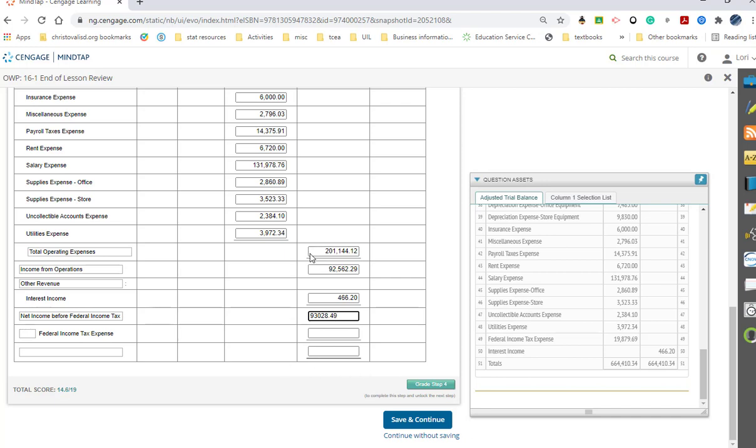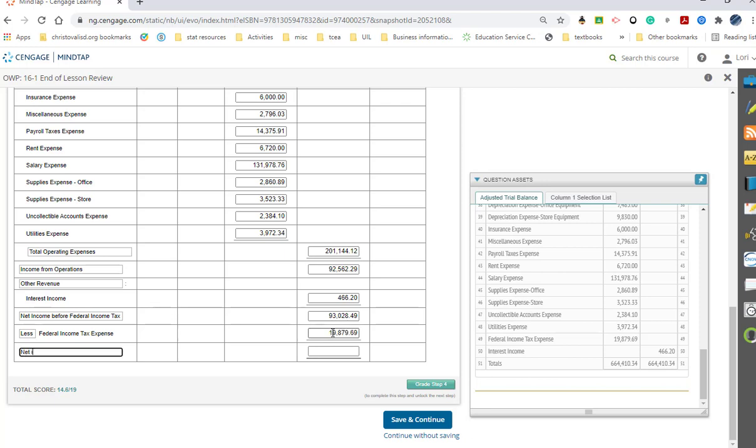Again, keep in line where those rules are, those lines are, and you're staying in between those. Now, after we calculate our federal taxes that we owe, we're going to subtract, less our federal tax expense. And that's going to come off of your chart. It's right here on this line. So $19,879.69.